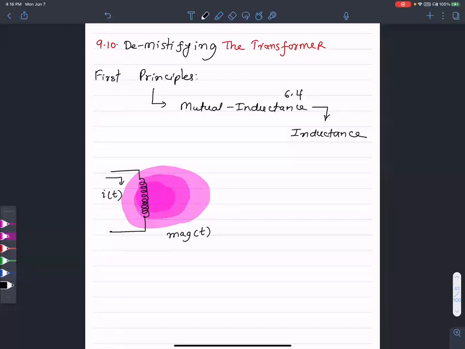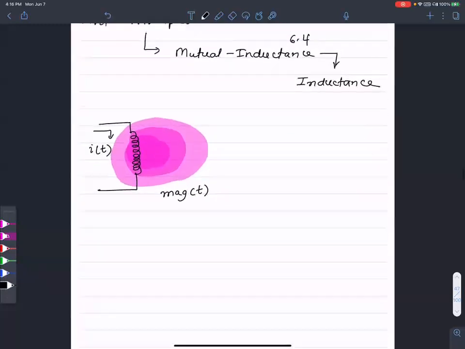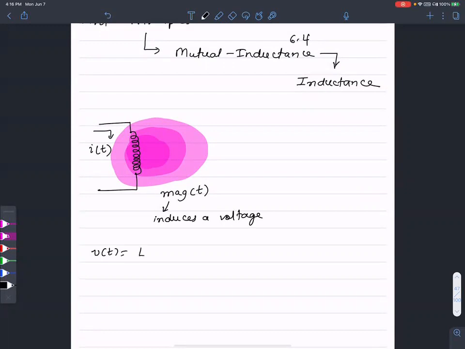This magnetic field actually induces a voltage. So the voltage v of t is L di by dt. That's the idea of an inductor.